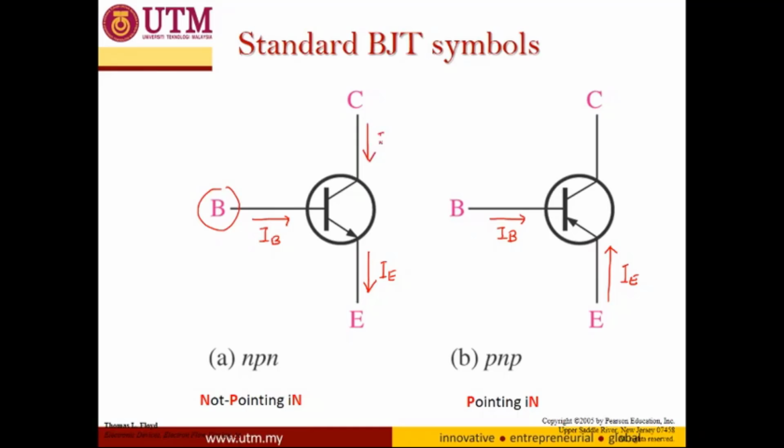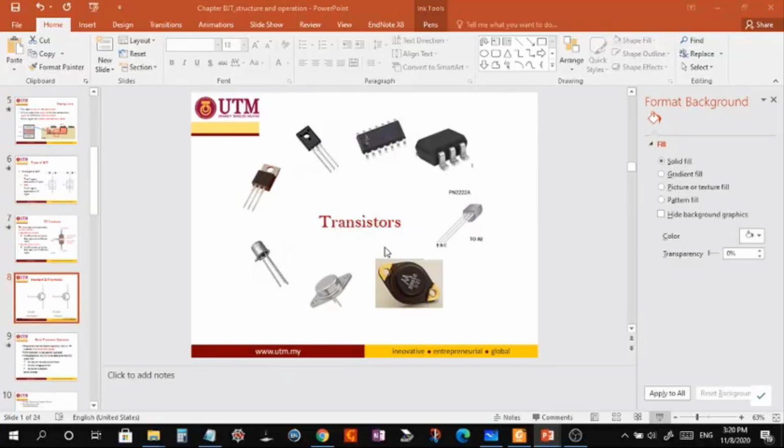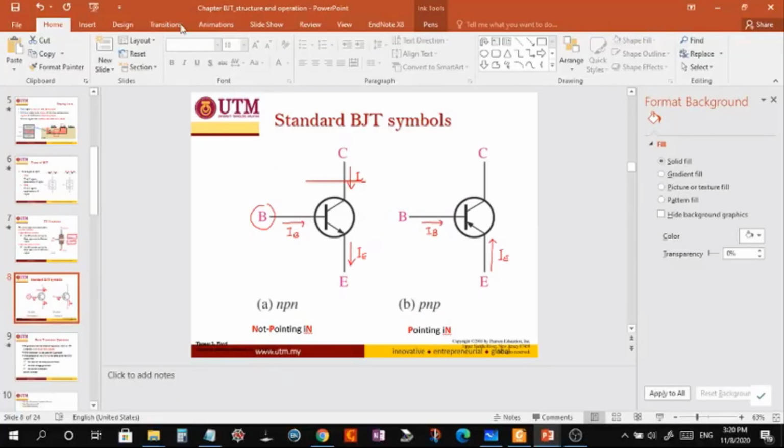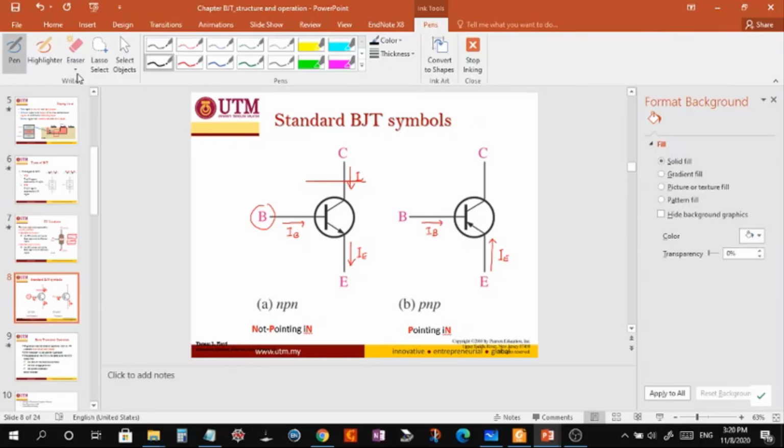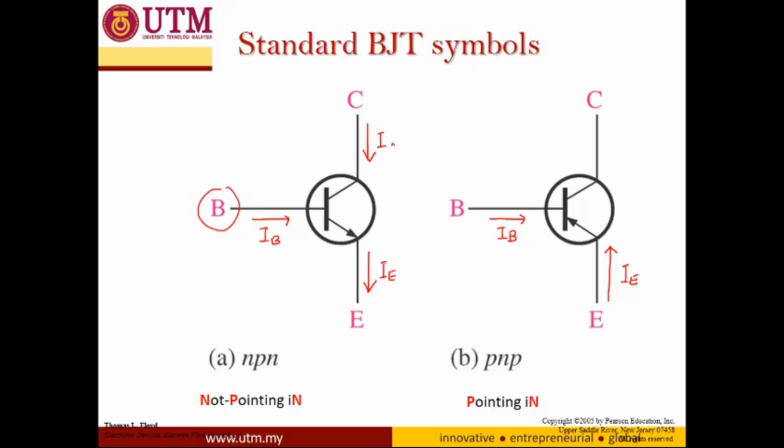So this is the collector current. And for the PNP, the collector current is facing upward.